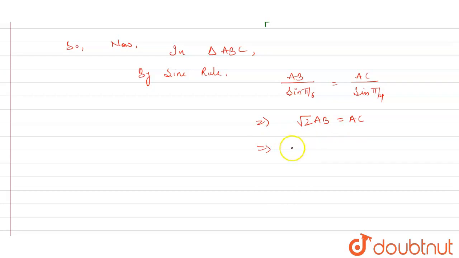In the options we have seen that there is a trigonometric function called sec. So let us try to make this in sec and cot. So root 2 can be written as sec pi by 4 into AB, and here it is 1 only. So 1 can be written as cot pi by 4 into AC.